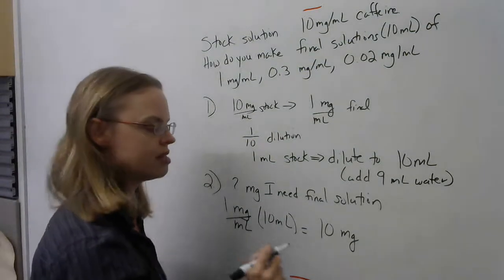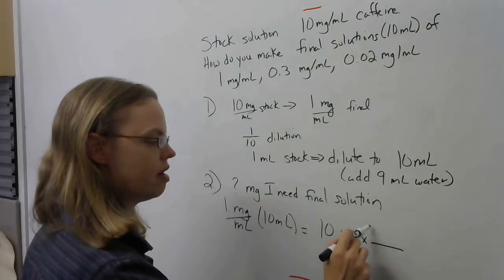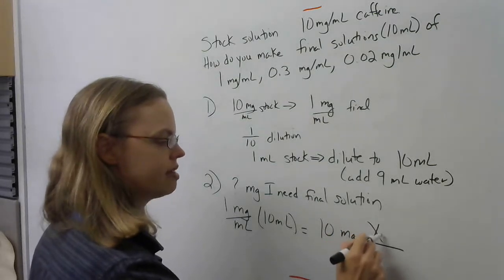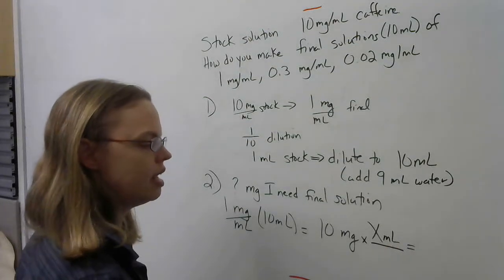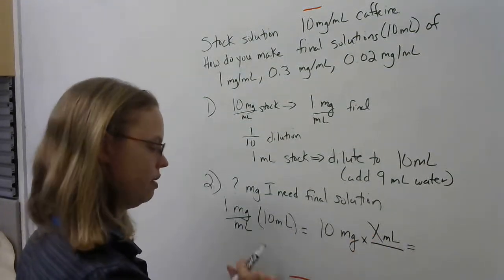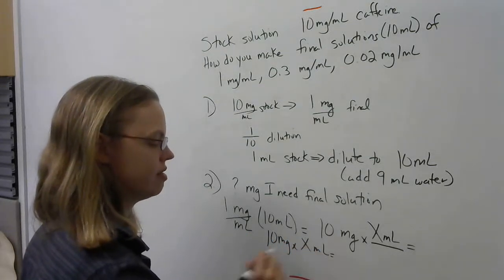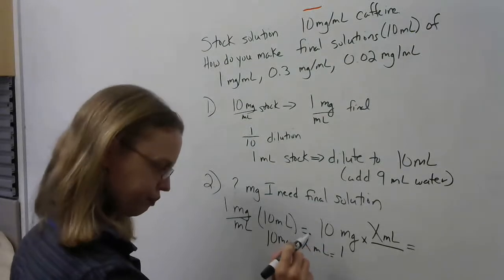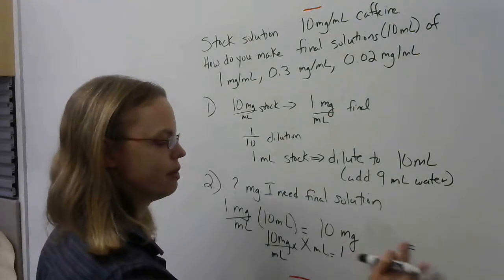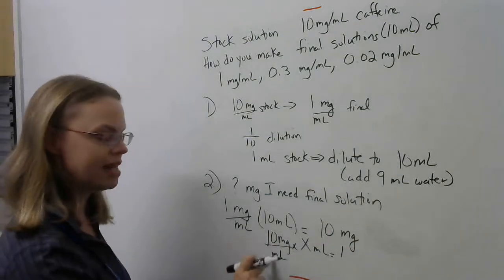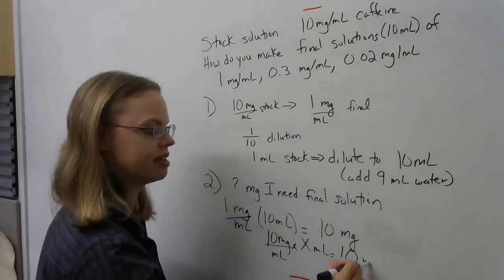And then the question is, what's the volume of stock solution I need? I'm just going to call this X milliliters. 10 mg per mL, that's the concentration of the stock, times X mL is equal to 10 milligrams.